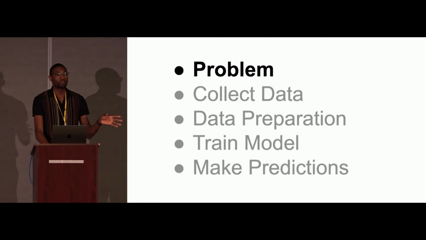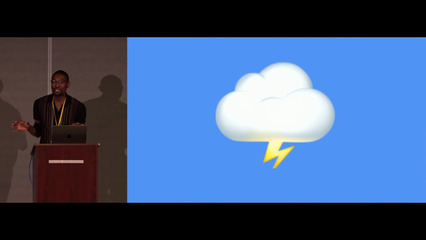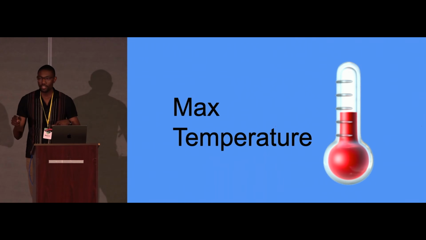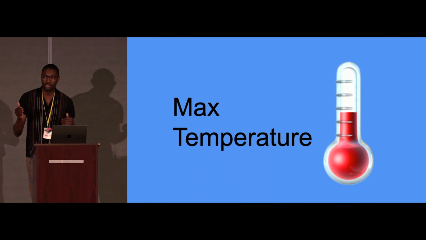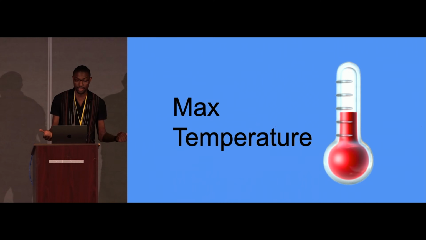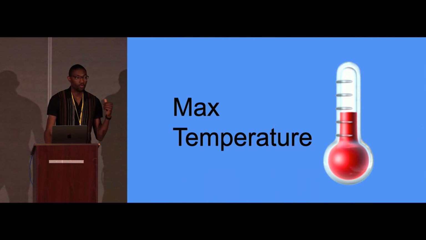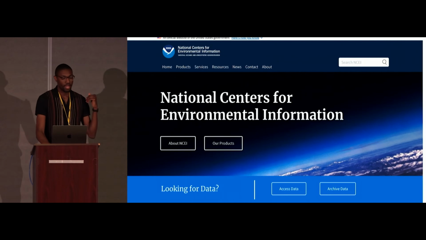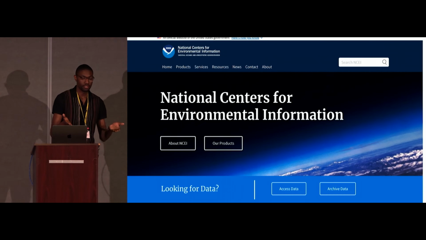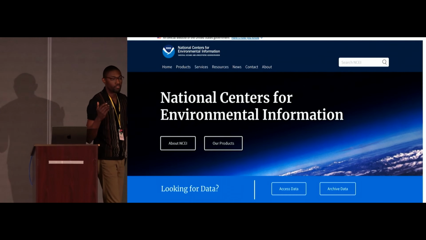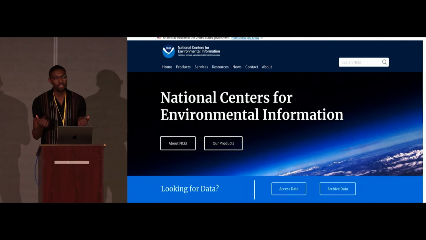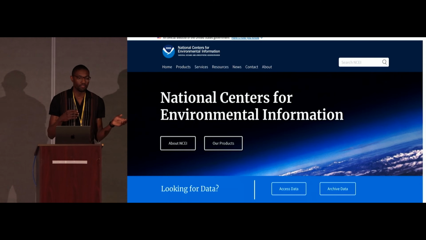First we're going to set up the problem. I want to predict the weather because I think that's super cool, and specifically I want to predict the max temperature for a weather data set. First we need to collect our data. I went online and found a data set from the National Centers for Environmental Information, and they have a ton of weather data that you can download and use.